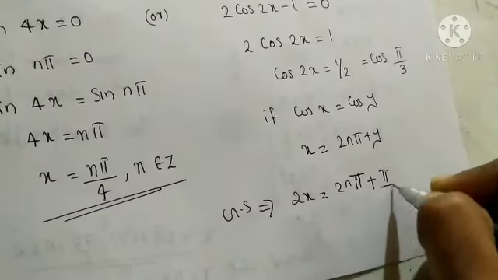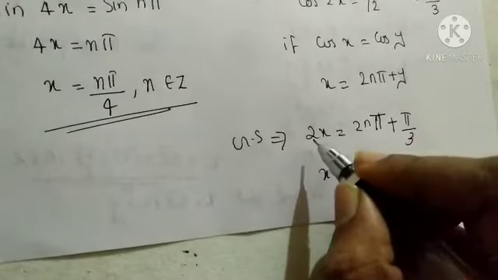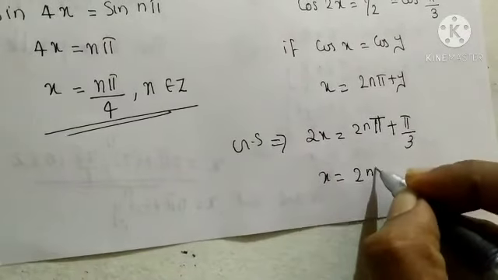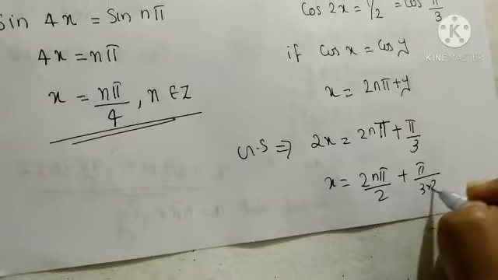And from this x equal to, dividing individually by 2, here we get 2n pi by 2 plus pi by 3 into 2.